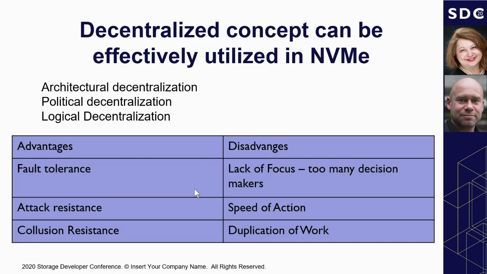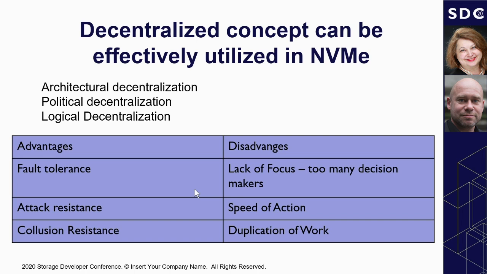Let's talk about the decentralized concept and how it can be effectively used in NVMe. When it comes to decentralization concepts, we are talking about architectural decentralization, political decentralization, and logical decentralization.